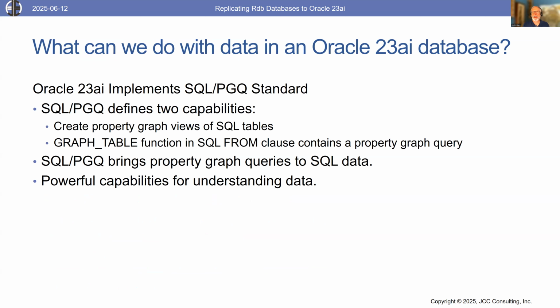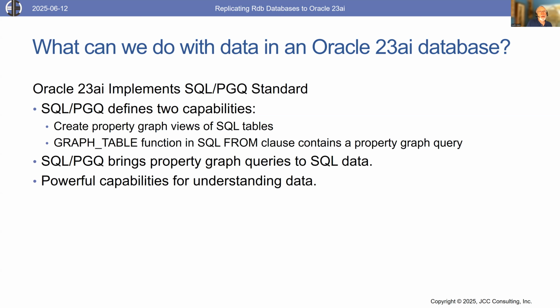Okay, so we get this data into an Oracle 23 AI database. And there are some interesting things that you can do in Oracle 23 AI. Oracle 23 AI implements a new standard that was completed in 2023, something called SQL PGQ.